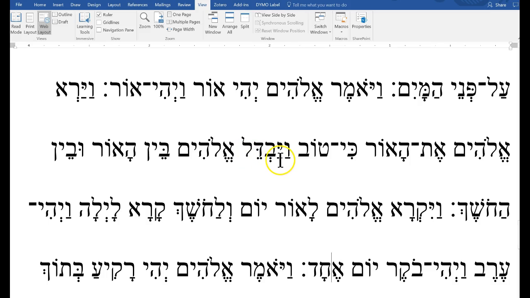Often hiphils will have this patha in the prefix, and this is a converted imperfect. And Elohim divided between the light and between the hoshek, between the darkness.